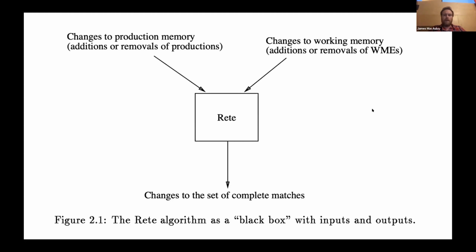And you give it changes to working memory, so additions or removals of WMEs, which you can just think of as facts. So you're giving it rules and facts, and what you get out of it is changes to the set of complete matches. It gives you back which rules are matching on which facts and how.